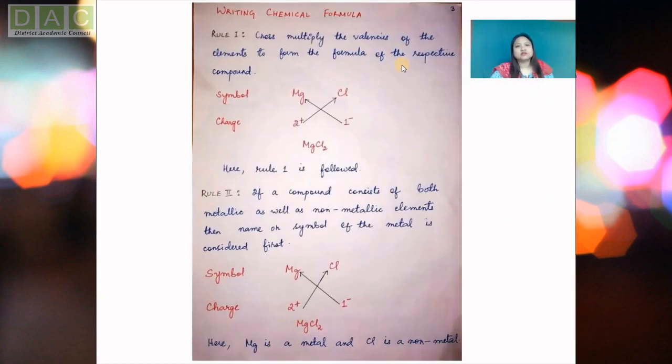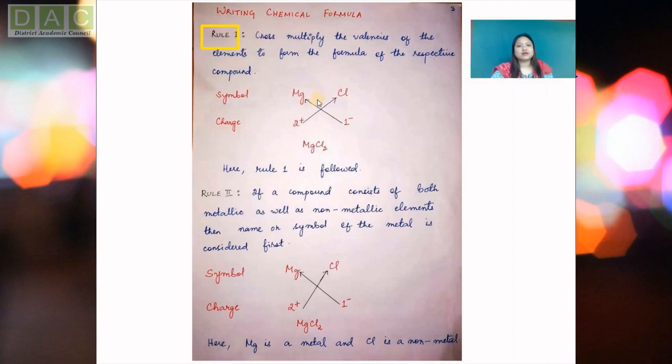Next we will discuss formula formation, how to write a chemical formula. In order to write a chemical formula, we need to know the valency of an element. There are 3 rules to write a chemical formula. The first rule is to cross multiply the valencies of the elements to form the compound. The first example I have given is magnesium chloride.